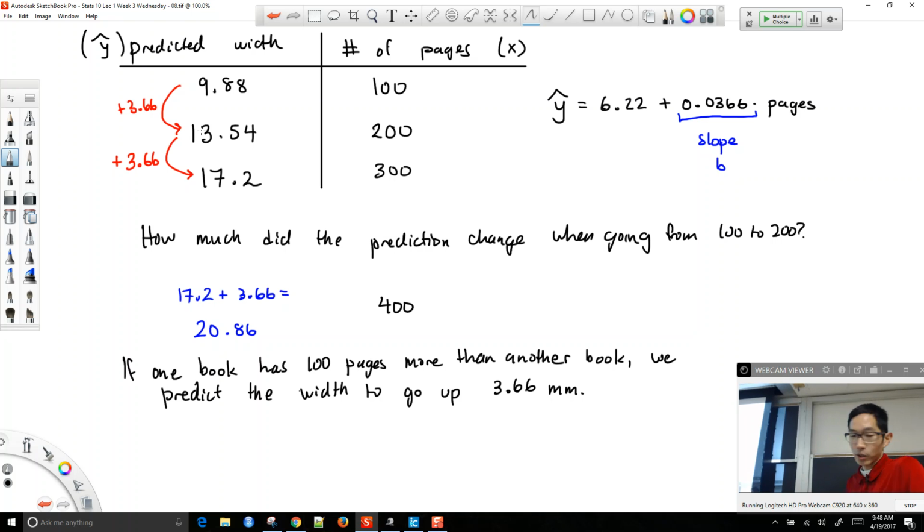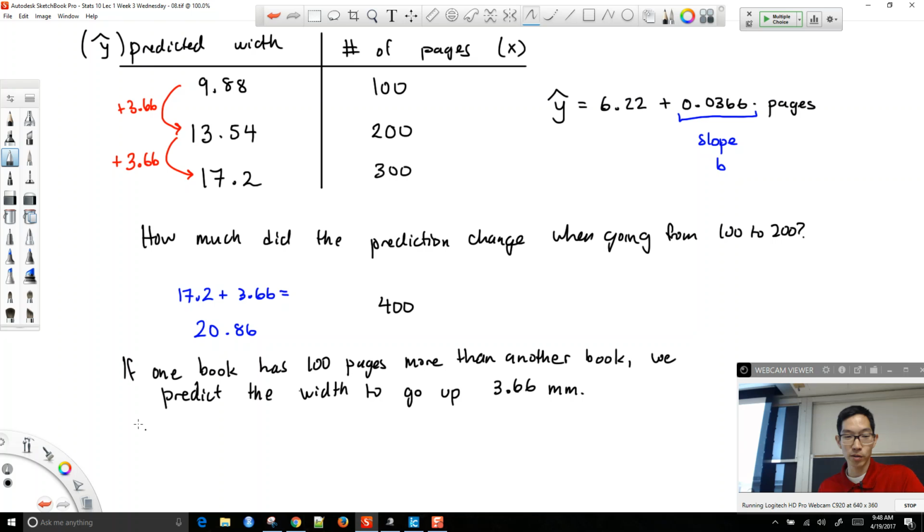In other words, what if one book had only one more page than another book? Instead of going up 3.66 millimeters, we would divide this by 100, so we would just go up by this very small value of 0.0366.